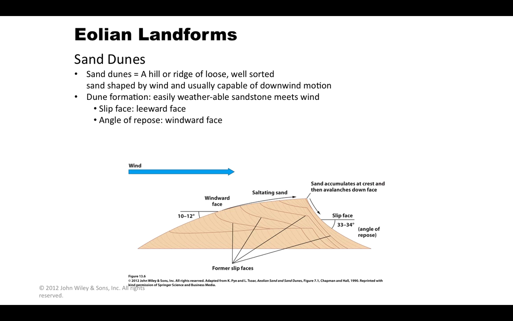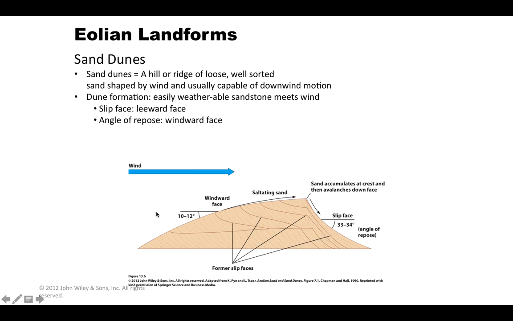So you take sandstone in a dry climate. There's not a whole lot of water keeping those particles together. You get some wind, and boom, you've got eroded material that is being moved by the wind, and it is going to accumulate and start to pile and pile and pile, and pretty soon you're going to have this large landform that we call a sand dune. Not pretty soon, but pretty soon in terms of geologic time.